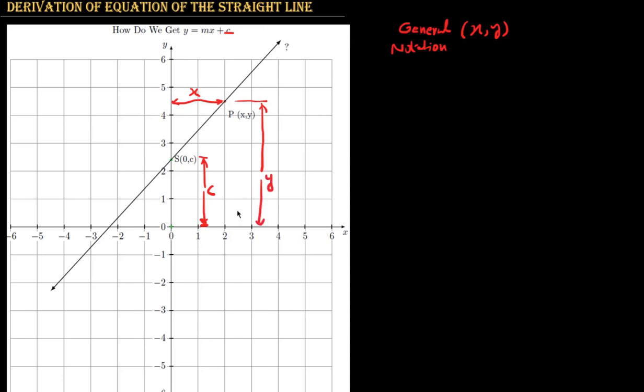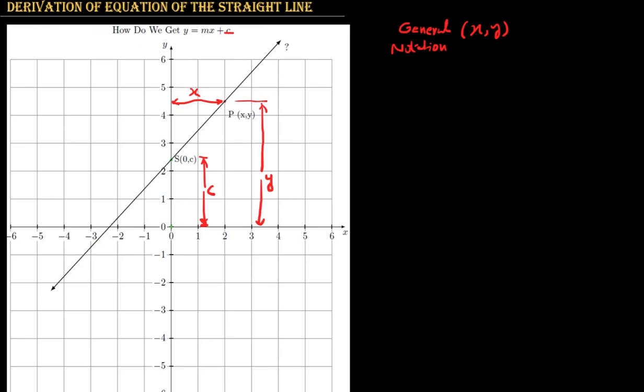So P has x and y coordinates, and the point where the line intersects the y-axis has coordinates 0 and c, because there is no distance on the x-axis. So we have to derive the equation of the line.